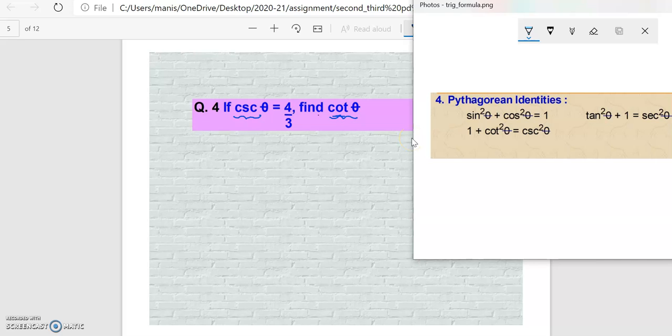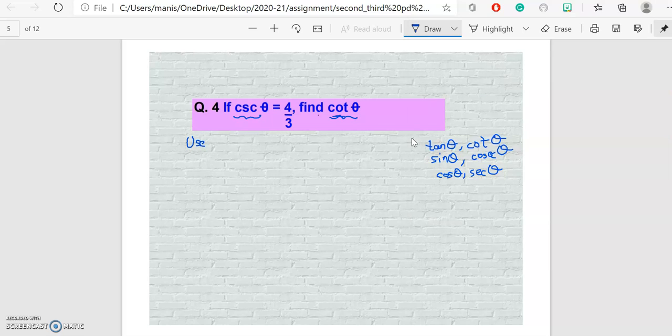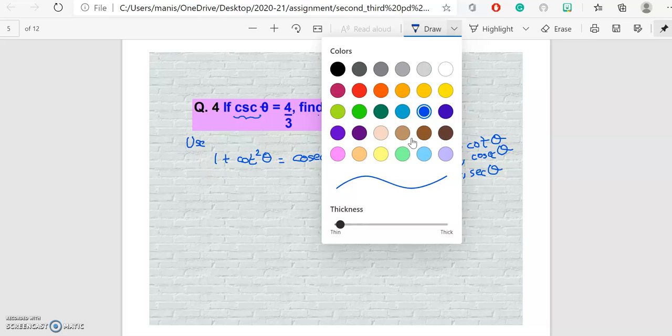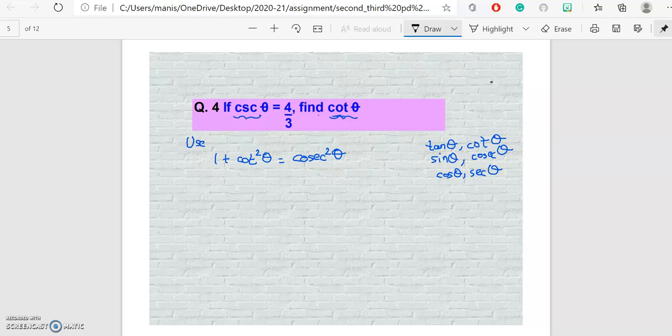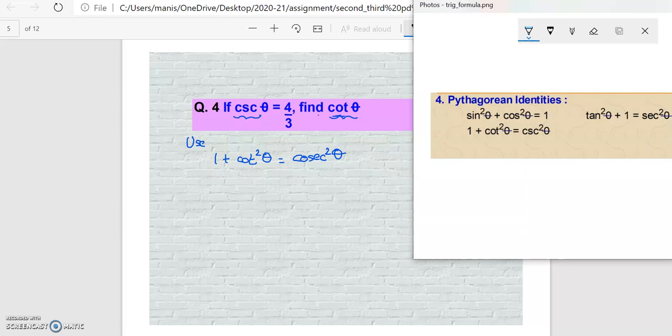I will write over here, use 1 plus cotangent square theta is equal to cosecant square theta. Now since I know my identity, I will substitute the values: I have cotangent square theta and cosecant square theta.